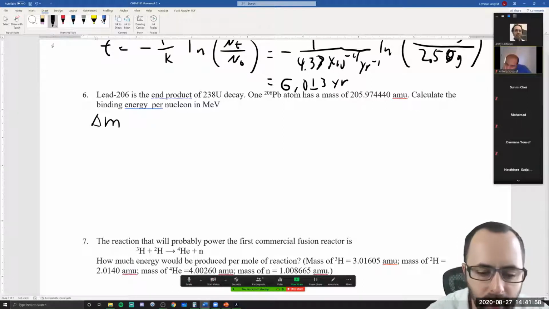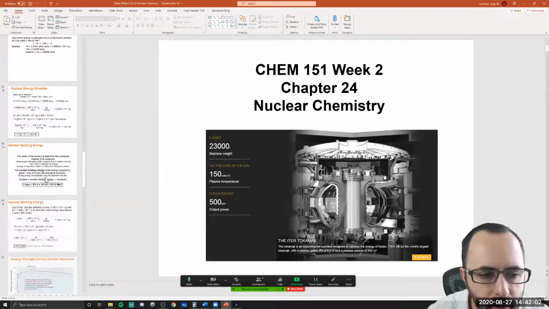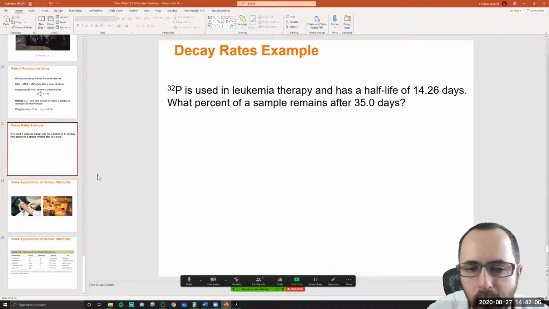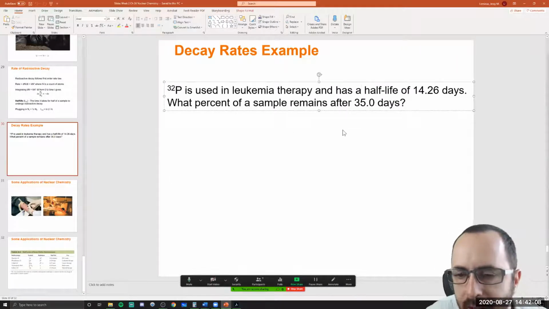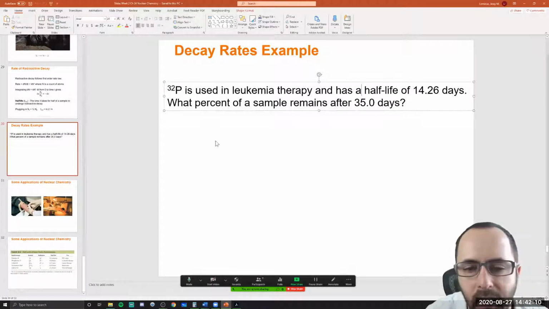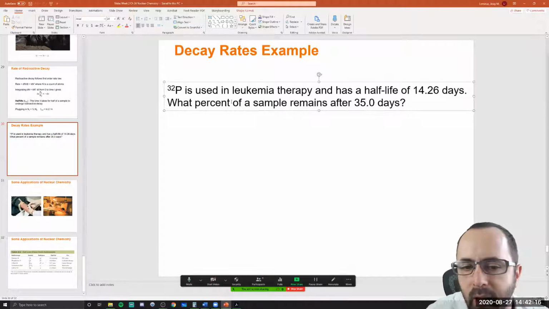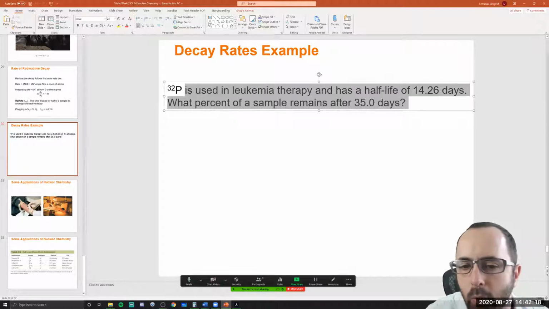If we're looking at the slides here, just to go back and show you similar problems that I did: what we did in problem 4 was this one, where I give you the half-life and ask you what percent of the sample remains.